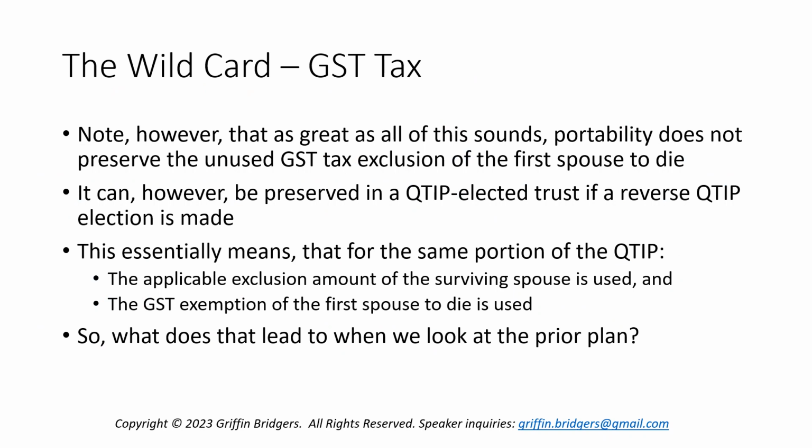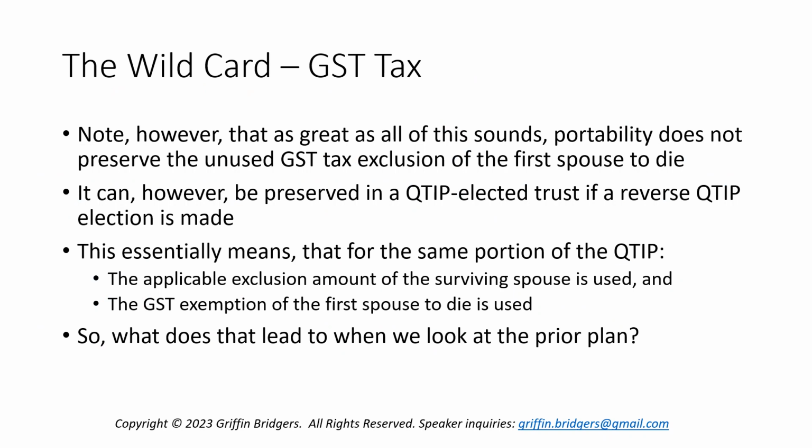So in that grand scheme of things, one issue that's kind of flown under the radar so far, but is helpful to illustrate graphically, is what do we do about the GST tax? And is there a way to preserve that in the grand scheme of things? Now, what we learned so far is that portability doesn't preserve the unused GST tax exclusion of the first spouse to die.